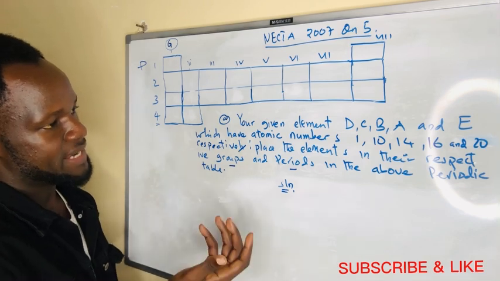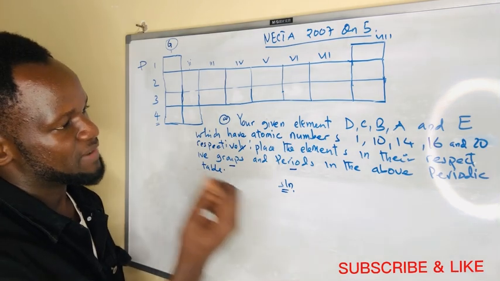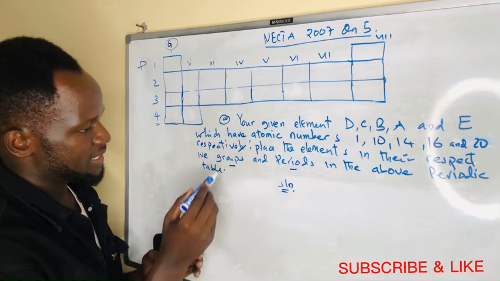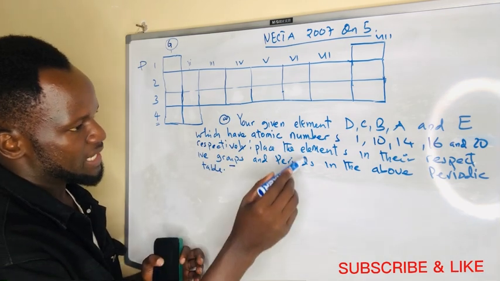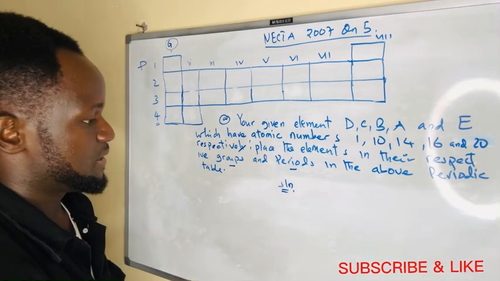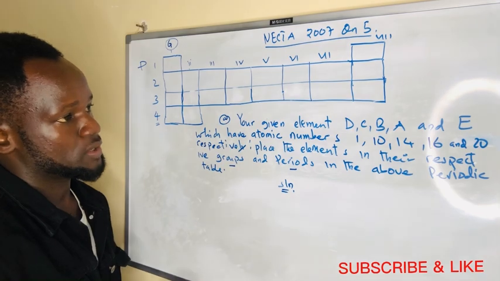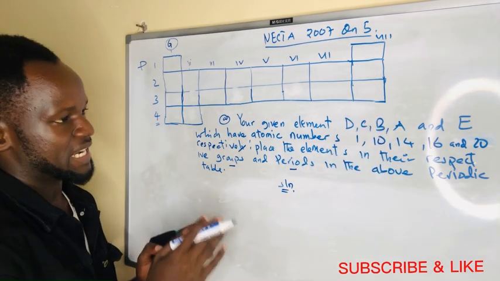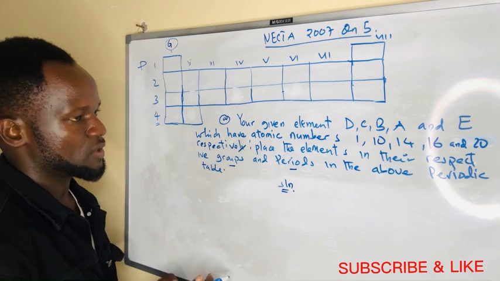One advantage is that it provides all the information about the group and the period, plus the number of shells. Because we have atomic numbers, it is easy for us to write the electronic configuration.